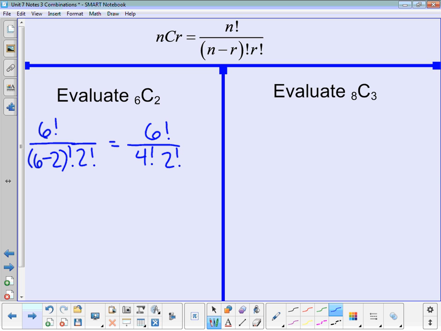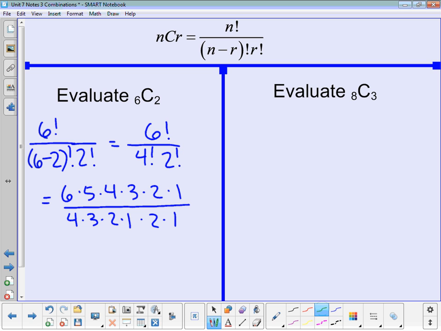And if I write all that out, I have 6 times 5 times 4 times 3 times 2 times 1. 4 factorial is 4 times 3 times 2 times 1. And 2 factorial is 2 times 1. Now, remember that any number divided by itself is 1, so I can get rid of some stuff here. 4 over 4, gone. 3 over 3, gone. 2 over 2, 1 over 1.